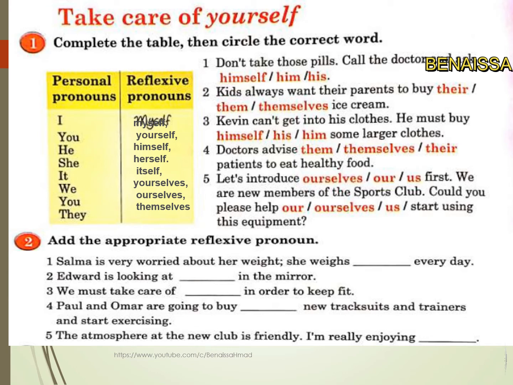Okay? Try to study this table ونحاول أن ندرس هذا الجدول. نتذكر يعني العبارات أو reflexive pronouns التي تتناسب مع personal pronoun. من بعد نحاولوا complete the table, then circle the correct word. نحاولوا أن نديروا دائرة على الاختيار المناسب لكل سؤال.